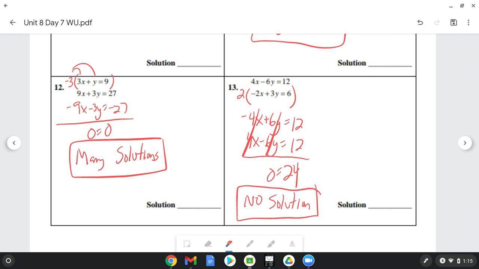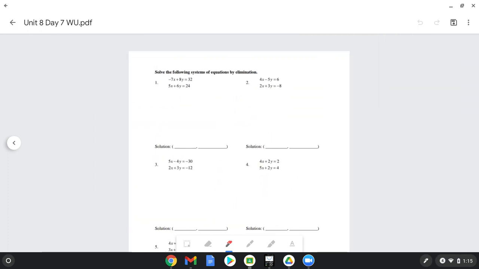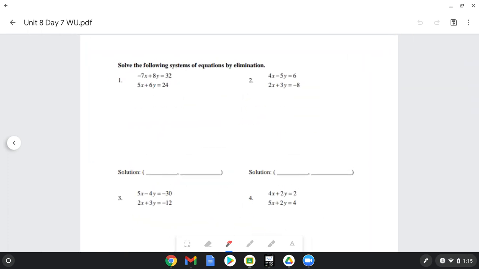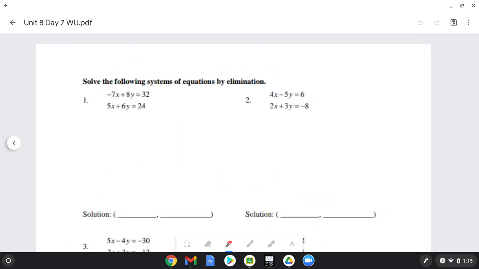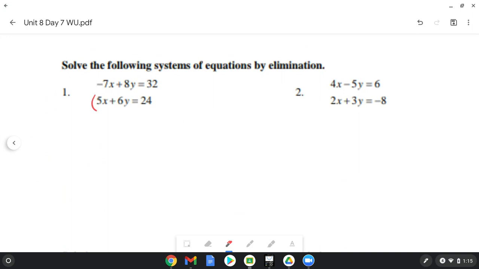All right, and then the last page, I think, has some mixtures now. So we'll do a couple mixtures here. I think we talked about multiplying the top by the number on the bottom and the bottom by the number on the top, making sure at least one of them is negative. One of them is already negative, so I don't have to worry about multiplying by negative.